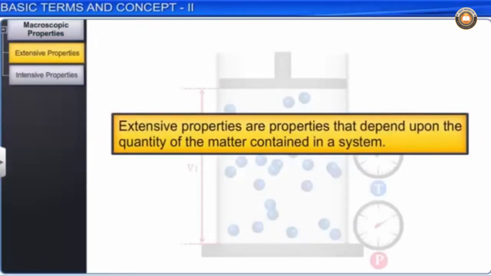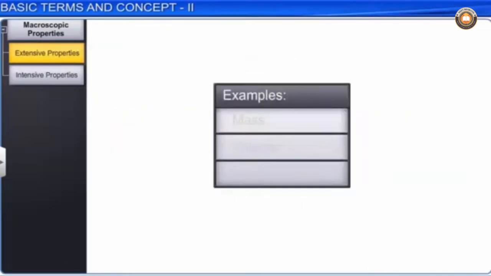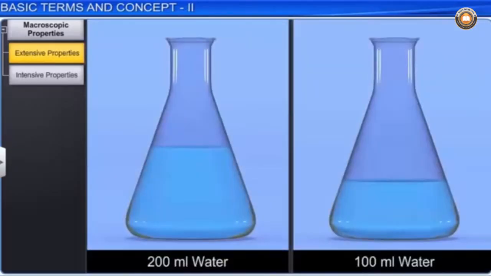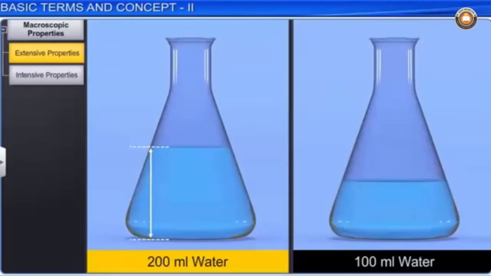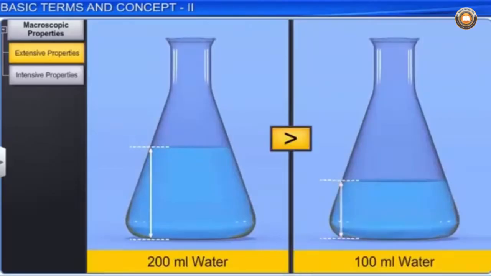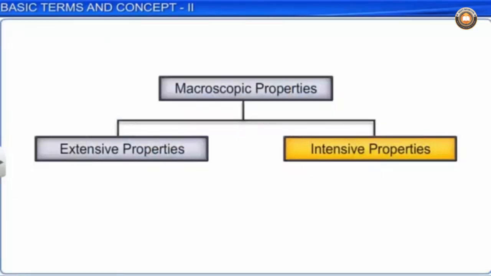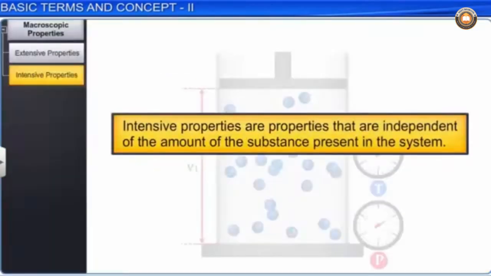Extensive properties are properties that depend upon the quantity of the matter contained in a system. Examples of extensive properties are mass, volume, and heat capacity. For example, 200 milliliters of water takes up more volume than 100 milliliters of water. Intensive properties are properties that are independent of the amount of the substance present in the system.